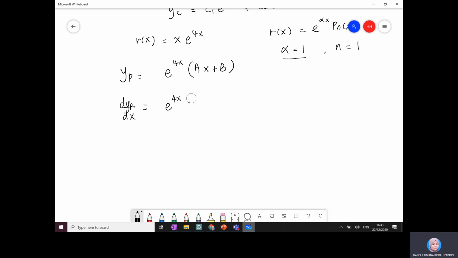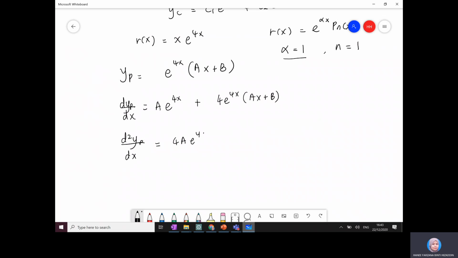So put e^4x and differentiate ax plus b, you get a. So you get a here, and differentiate e^4x, you get 4e^4x, and just take this ax plus b down. And then you can differentiate again to get the second derivative.